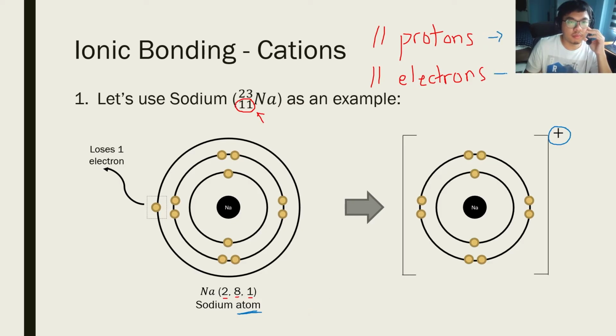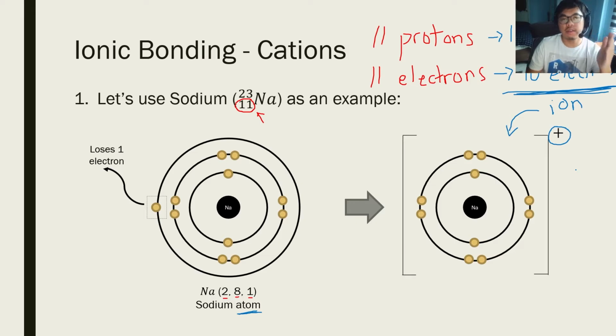It's not positive, it's not negative as a whole. Now, because it lost 1 electron, there are only 10 electrons left. What about the protons? There are still 11 of them because nothing happens to the protons. So inside the sodium ion, there are 11 protons and 10 electrons. These two are now not balanced. There are more positive protons than negative electrons.